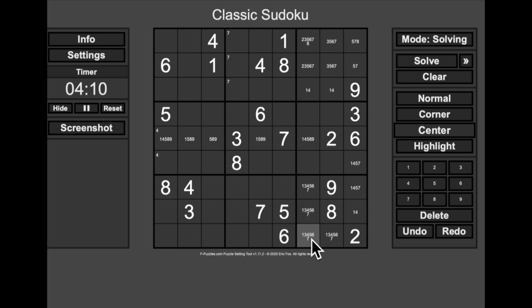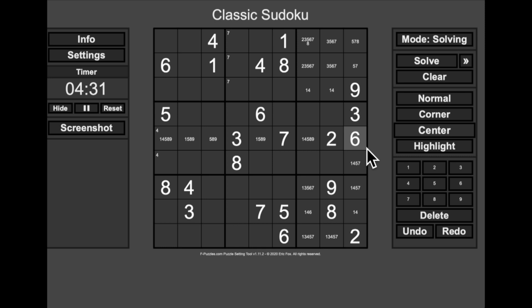Okay. This cell is not 6. That's not 6. This is not 3, 5, or 7. I think this is 4. Let's see.